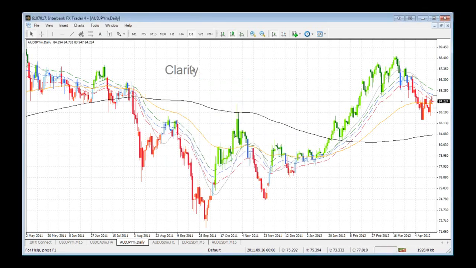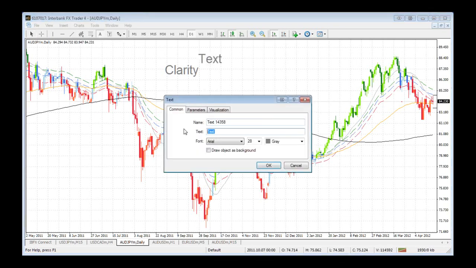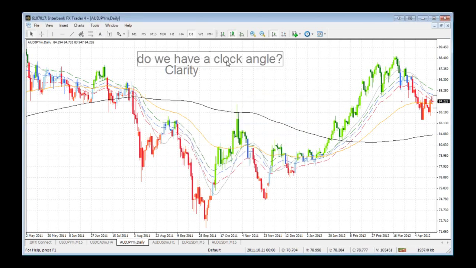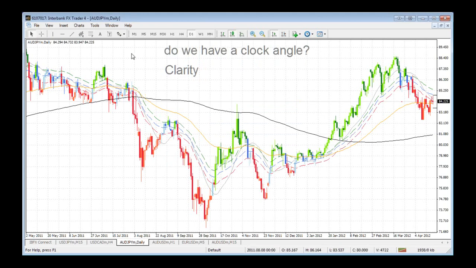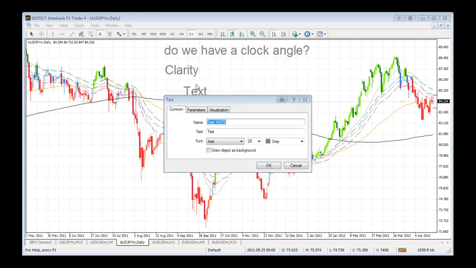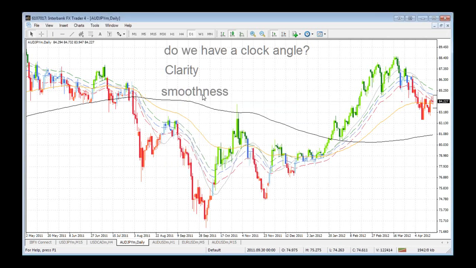So what we're looking at for market clarity, the criteria, starts with, even preceding any of this: do we have a clock angle, a recognizable clock angle, one that we can feel will then begin to ask the clarity criteria of. So if we have it, then we'll go through the clarity criteria, which then is, do we have a smoothness to the moving averages of the wave?